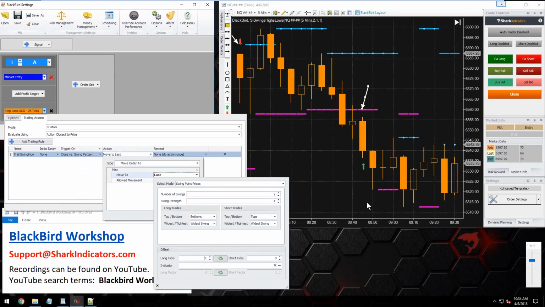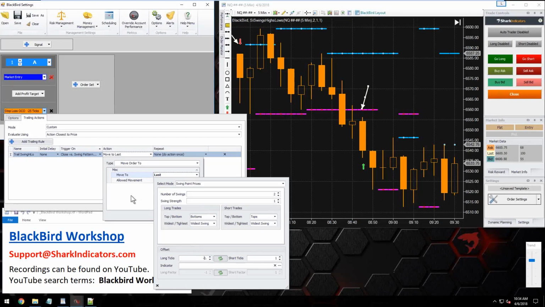If anything, most people like their stop loss to be 1 tick or 2 ticks below the indicator, so I'll just put a -1 in here. That would be 1 tick below that swing low. On a 5-minute chart, the NQ has been pretty volatile, so 1 tick below probably doesn't do much good. You might want to do an extra couple of ticks below, but that's up to you guys.